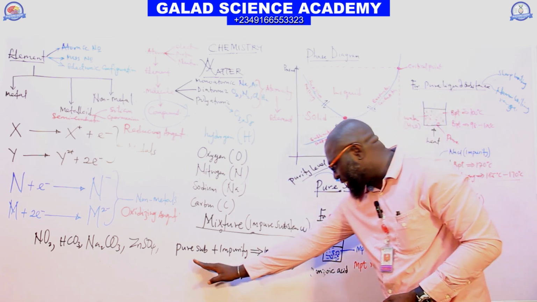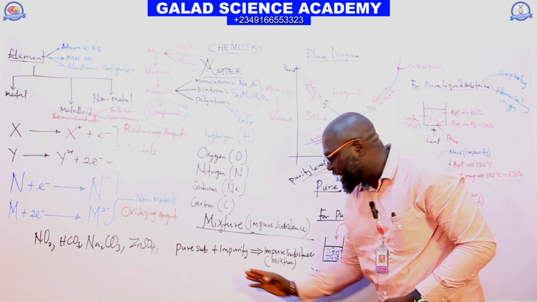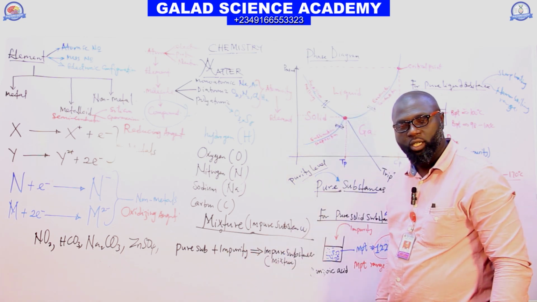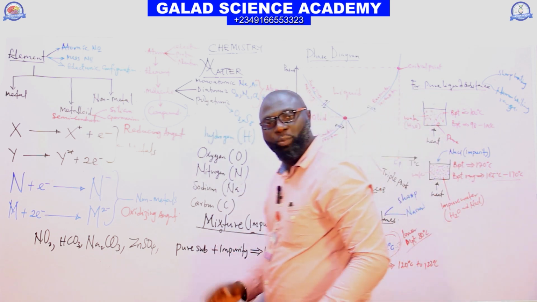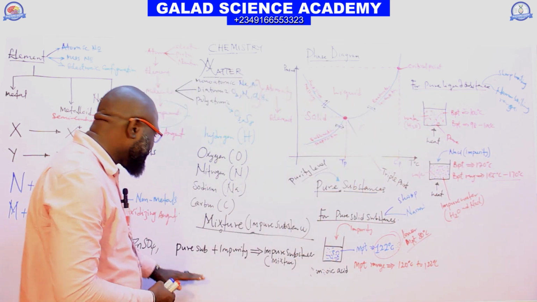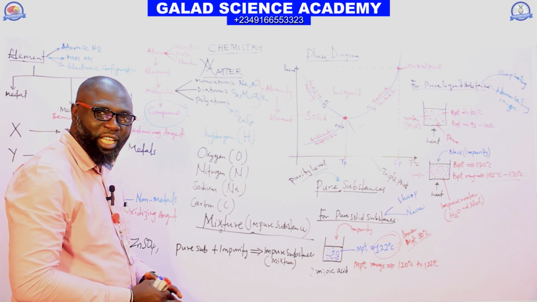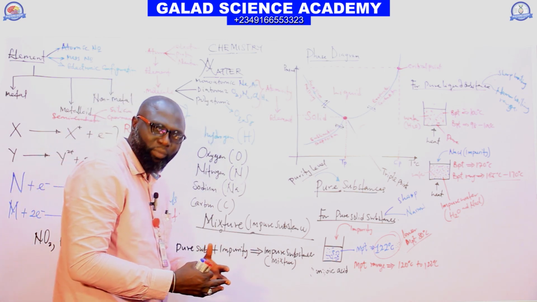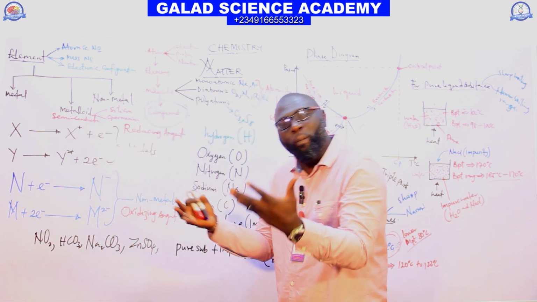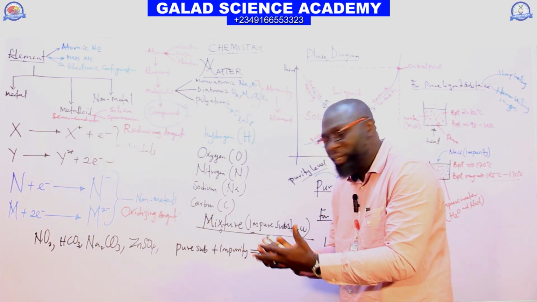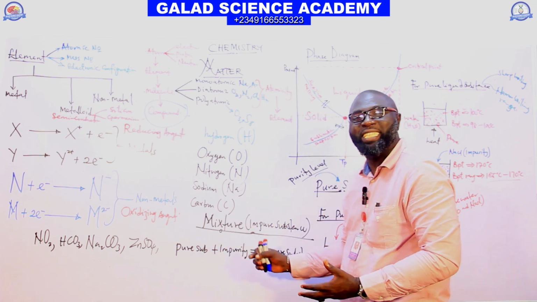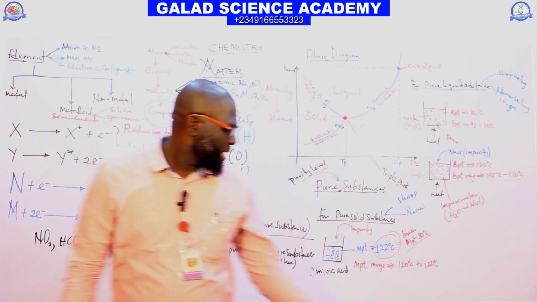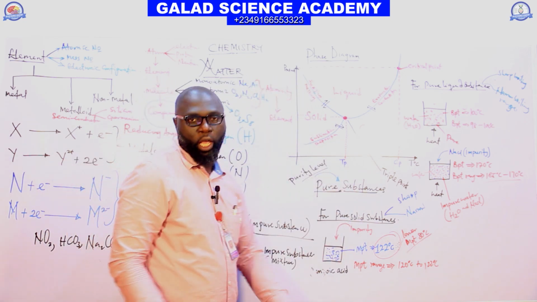From this mathematical expression, I believe you can define impure substance. So impure substance or mixture is a substance that is comprised of two or more substances which are physically combined together, and it can be separated by physical means. That is mixture.